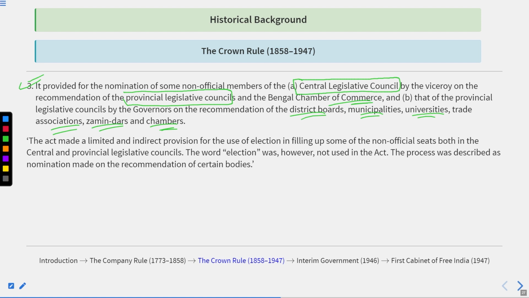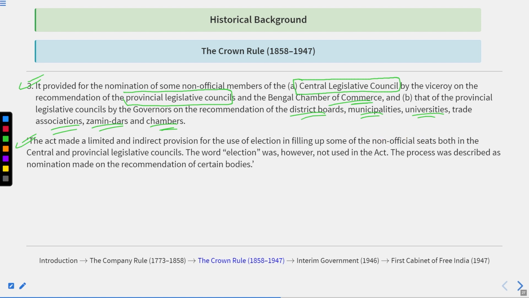But when it's the matter of Provincial Legislative Councils, the governor had the power to recommend the person, but the recommendations for that person was required to come from the district boards, the municipalities, the universities, trade association, zamindars and chambers. Okay, so the act made a limited and indirect provision for the use of election in filling up some of the non-official seats.